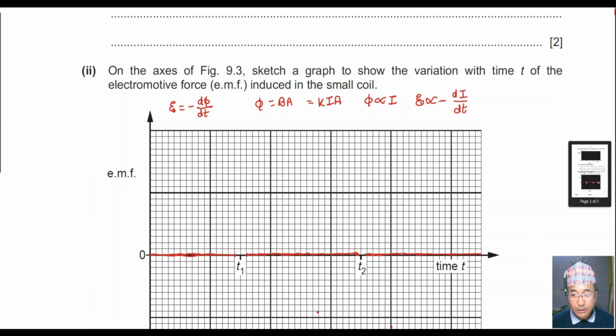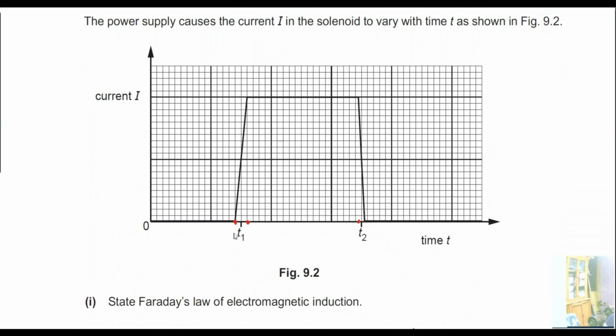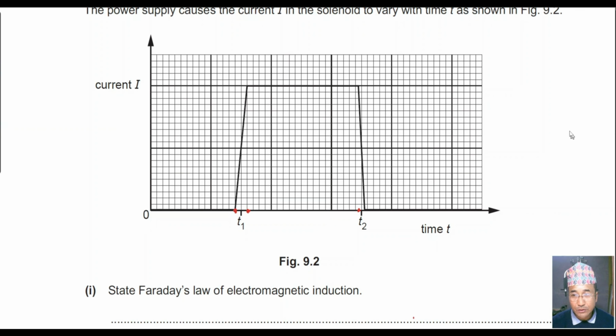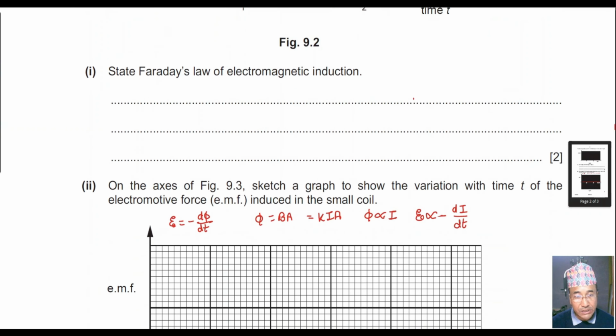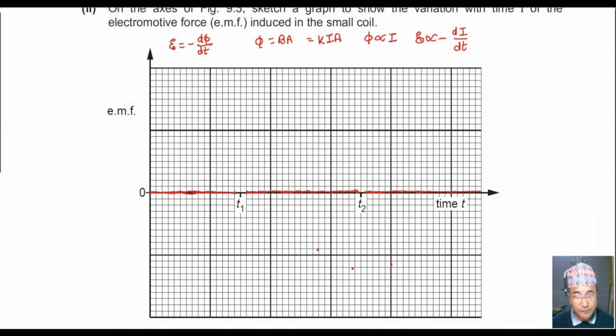Now near about this time t1, one square left and one square right, there is a positive slope here. So what I must have is dI/dt is equal to positive. So this should be positive. So I must have E equal to some negative value.